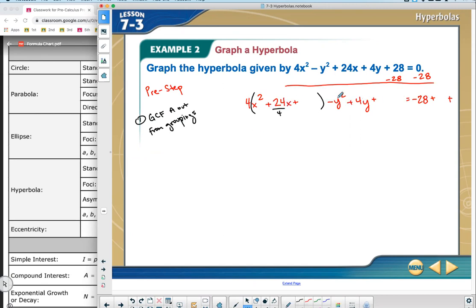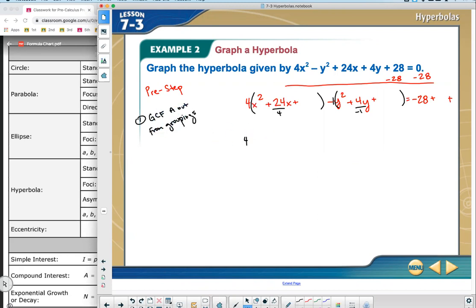And when I do this side over here, I don't have an A, my coefficient just looks like a negative. It's actually -1. So I'm going to divide this one by -1. This was how I wrote it last class, divide A. Now I'm going to just call it GCF A out from groupings.